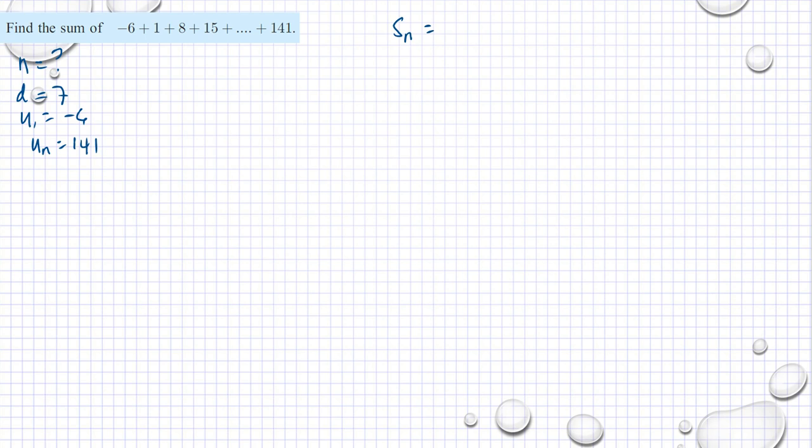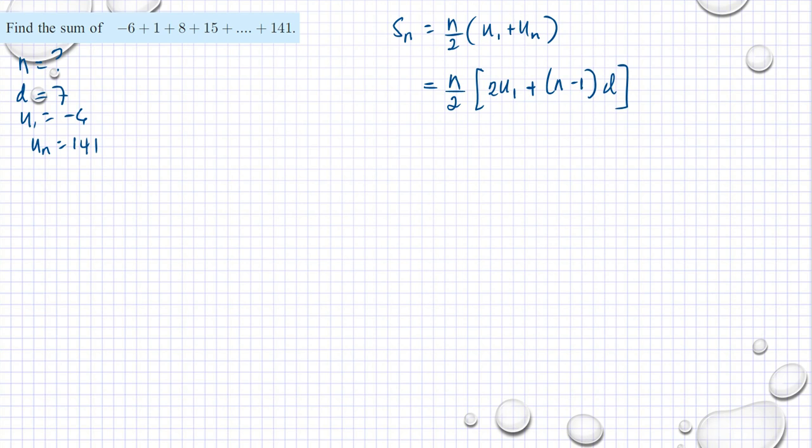Because S sub n is equal to n divided by 2 multiplied by u sub 1 plus u sub n. But we don't have any d, which is also important because we don't know n yet. Otherwise we have n divided by 2 multiplied by 2 u sub 1 plus n minus 1 times d.